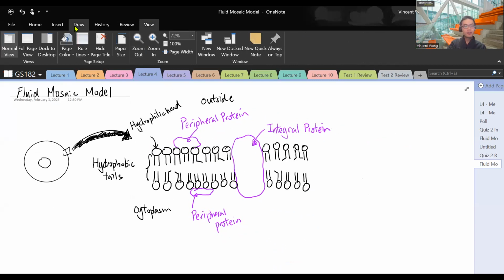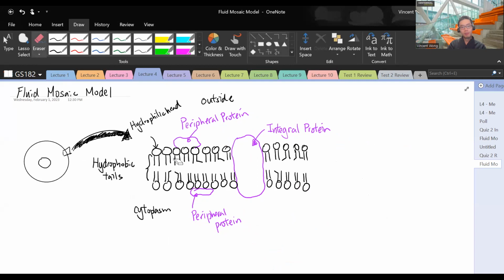So the phospholipids, right? They are able to move side to side, move horizontally, like this one might actually just swim around to the side, and very rarely will they flip to the other side. Yeah, sometimes they do flip, but it's a rare occurrence.